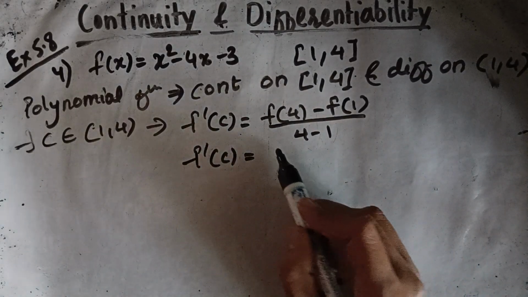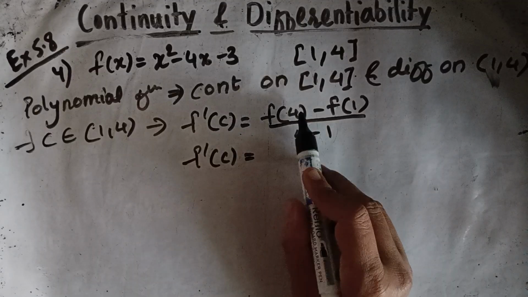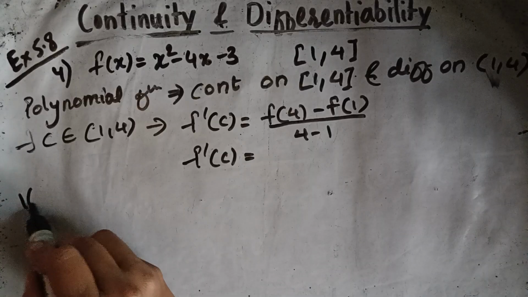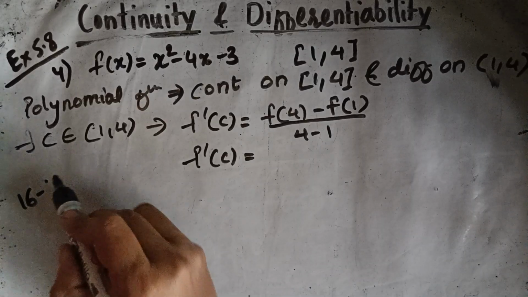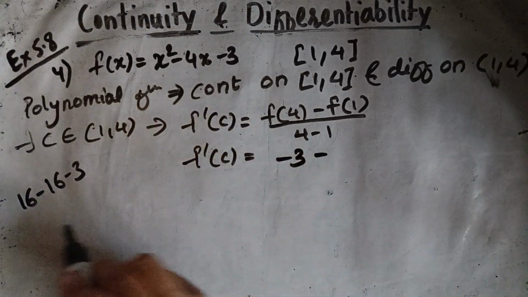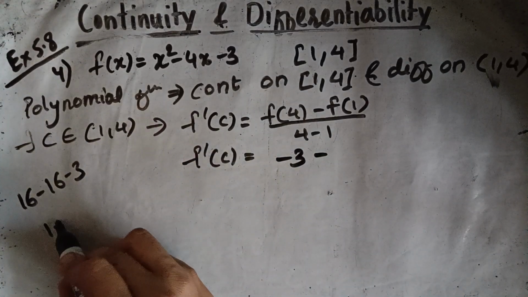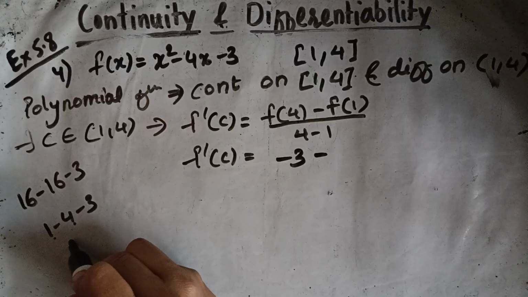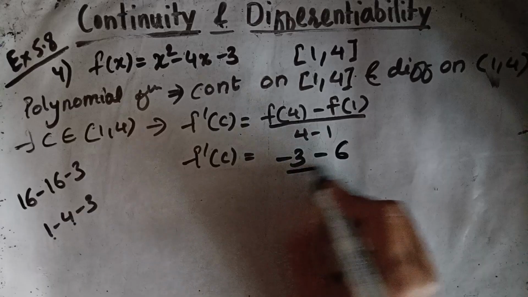So this is equal to f(4), we have to put the value here. So 16 minus 4 fours are 16 minus 3, 1 plus 4 minus 6.